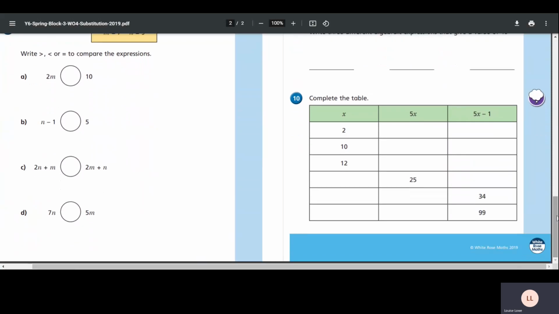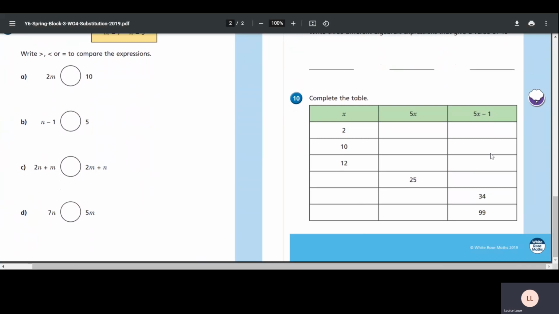And then the last one here, if X equals the numbers in the X column, and then the next column is 5x, and then the next column is 5x subtract 1. So start with the first row. You've got 2 in the x column. So the next row along is 5x. So that would be 5 times 2 because x equals 2.